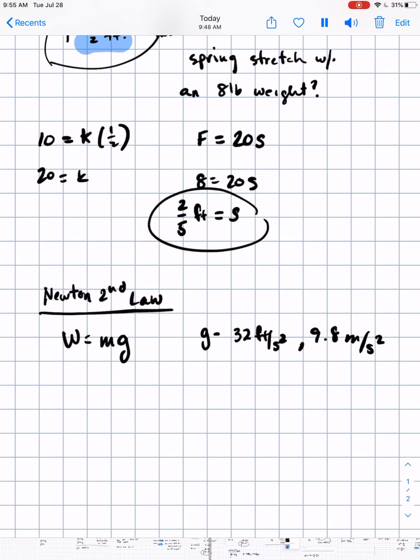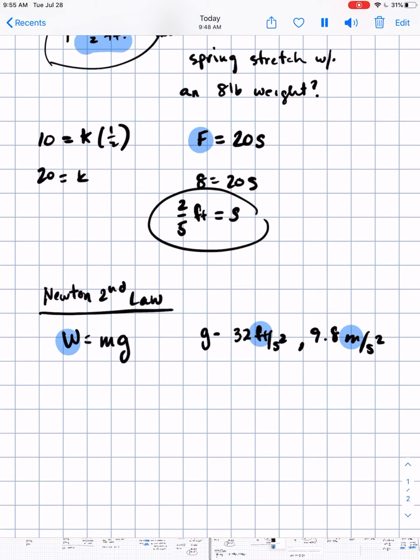And it just depends on if the problem is dealing with feet or meters. The other thing that we would need when we do these problems is we're looking for mass. So weight really is the same thing as force above, right? So these two things are the same.